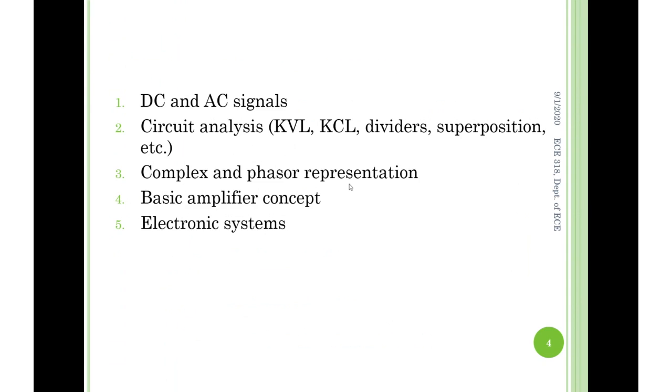If you're not taking 335, where the details of AC are taught, don't worry too much. This is not about AC. ECE 341 is an AC course, a purely AC calculation and theory course. 318 is not. We will also cover some basic amplifier concepts and basic concepts about electronic systems.